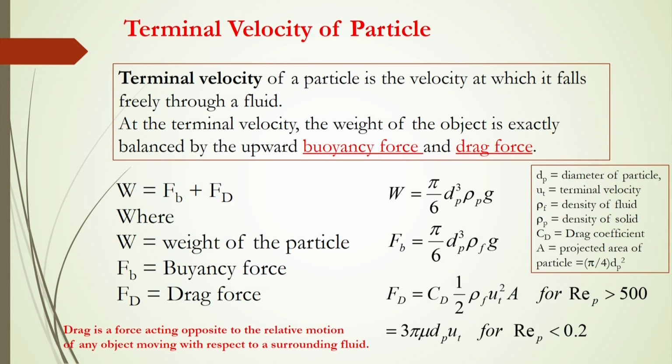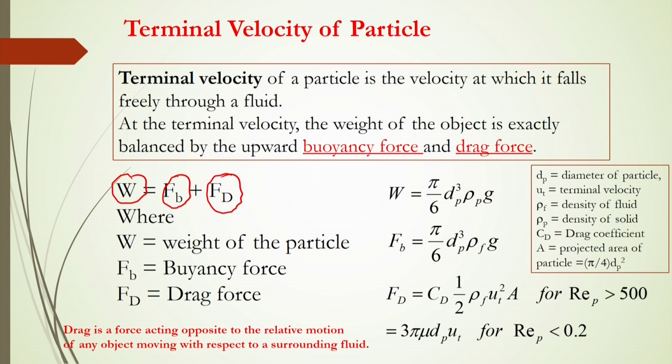If we consider the weight of the particle as W, the buoyancy force as F B, and the drag force as F D, then the weight of the particle will be balanced by the summation of these two forces, F B and F D. F B means buoyancy force and F D means drag force.